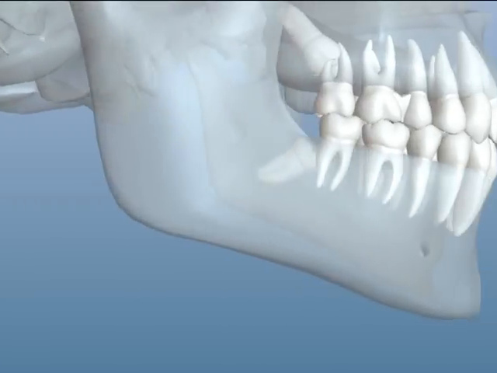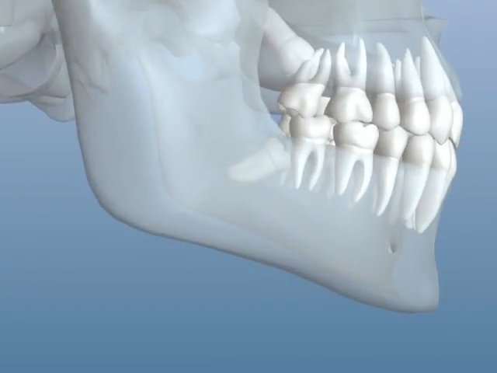Additional risks include cyst formation with resulting destruction of the surrounding bone, the formation of tumors, as well as decay of the third molars and adjacent teeth, and the shifting of other teeth, causing bite problems. We review all findings with the patient to develop a mutually acceptable treatment plan.